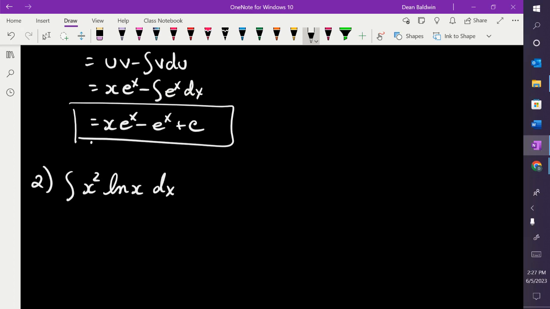x squared natural log of x dx. Does integration by parts work on this? Or sorry, does u substitution work on this? No. If you had this, would you need integration by parts?